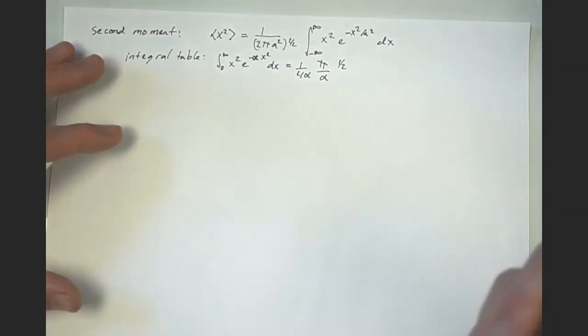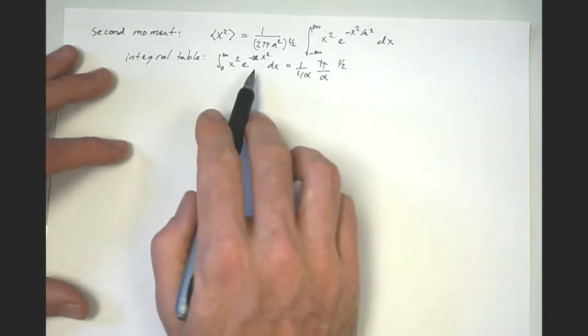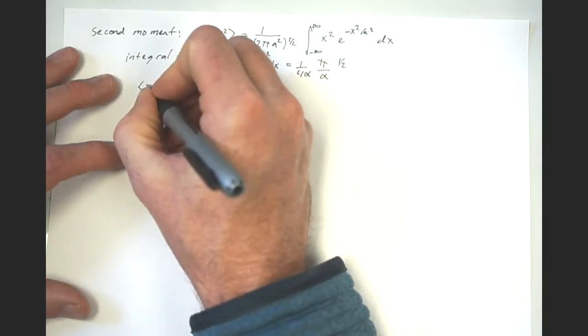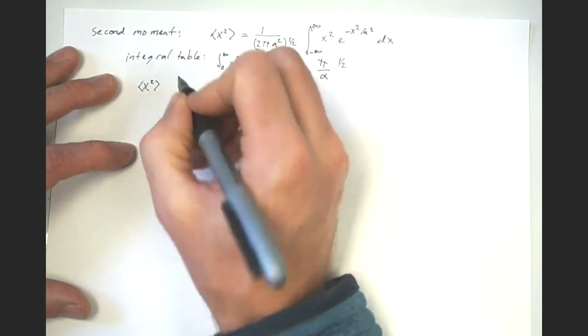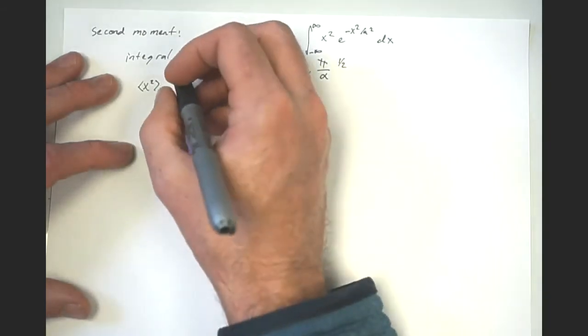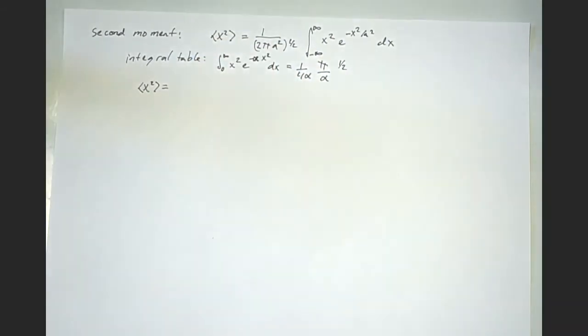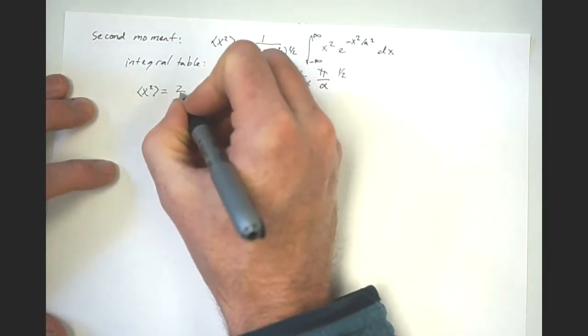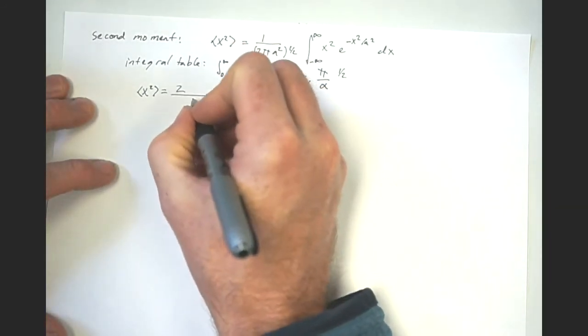And again, you can just see this is a number, where again we're using this variable alpha. So plugging in what we found from this integral table with our definition of a Gaussian, we get 2.